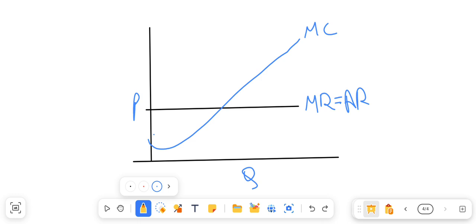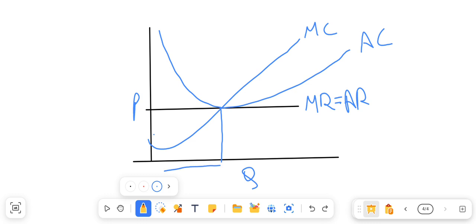When the MC curve intersects the price line, we get the equilibrium quantity and equilibrium price. Now suppose we draw the average cost curve. This is the cost incurred by the firm for producing this much quantity.